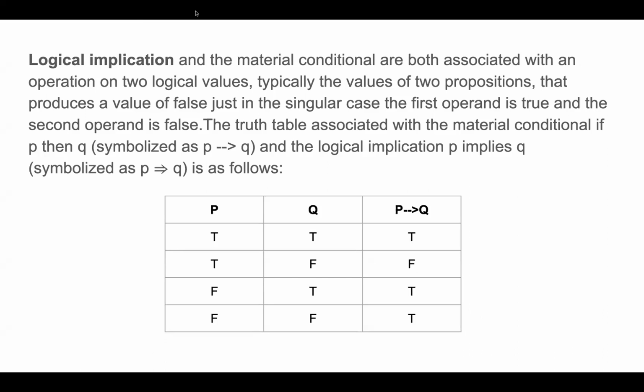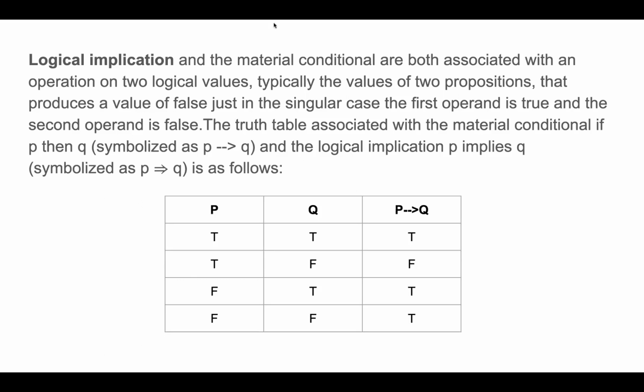In logical implication, the same two propositions are there, P and Q. Only in the case that P is true and Q is false, P implies Q is false. The first proposition is true and the second proposition is false. In all other cases, it is true.